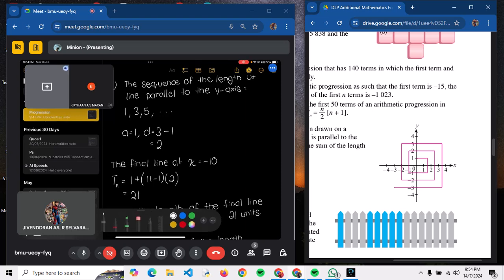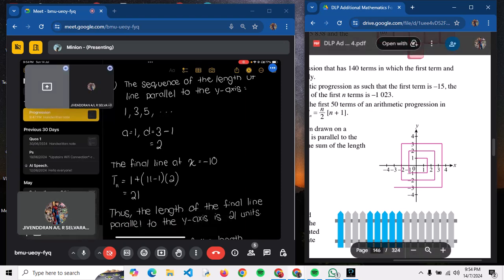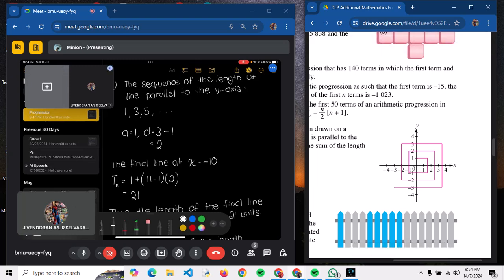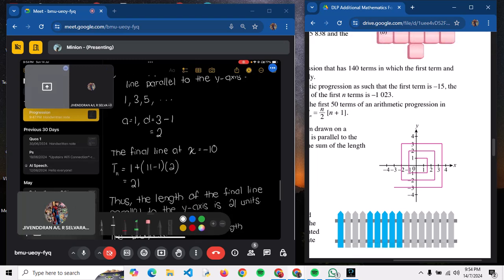Can you help explain the T11 progression when using the TN formula?